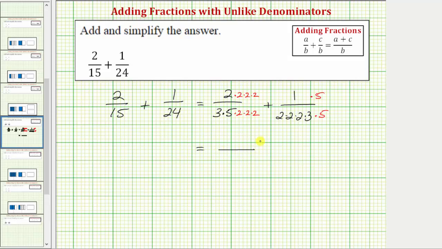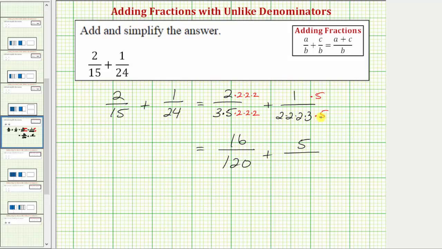First fraction, the numerator is 2 times 2 times 2 times 2, which is 16. Denominator is going to be 15 times 2, which is 30, times 2, which is 60, times 2, which equals 120. So 2/15 is equivalent to 16 120ths plus, second fraction has a numerator of 5.